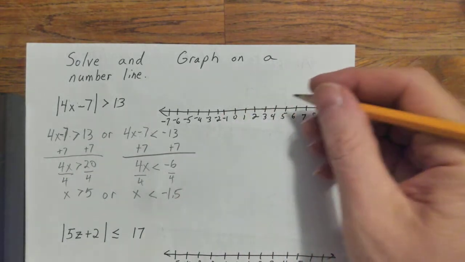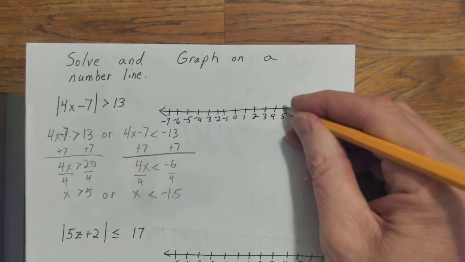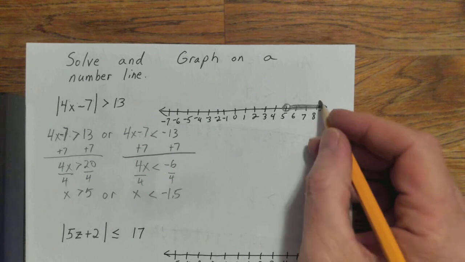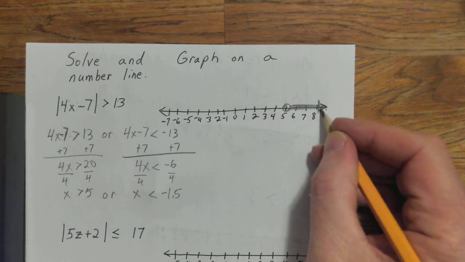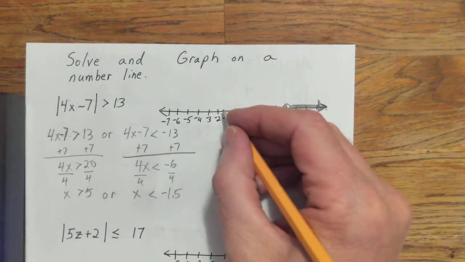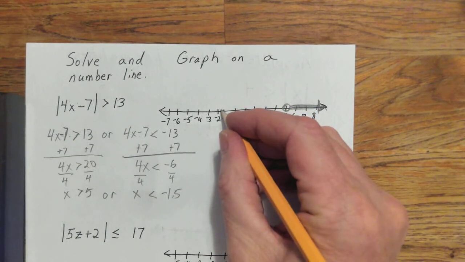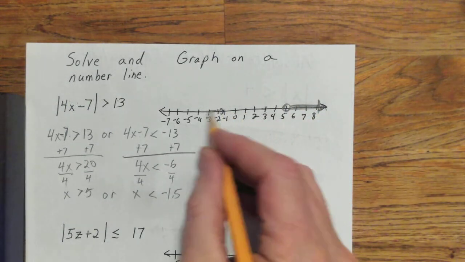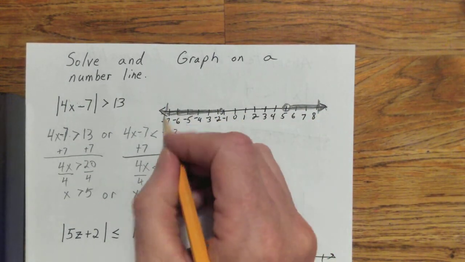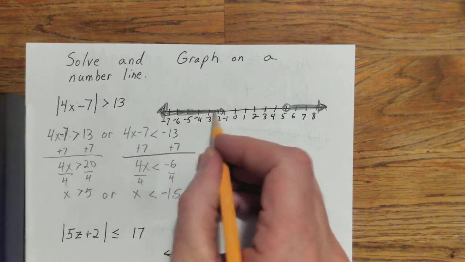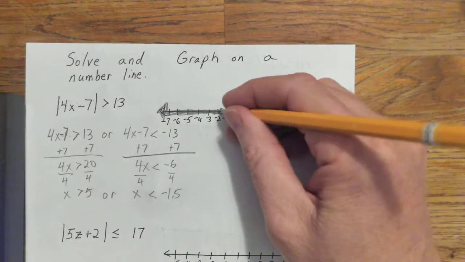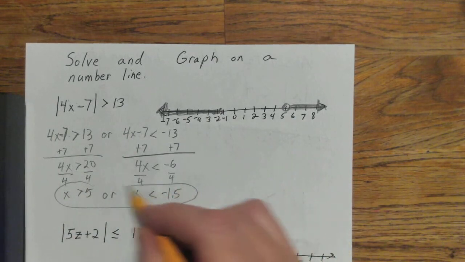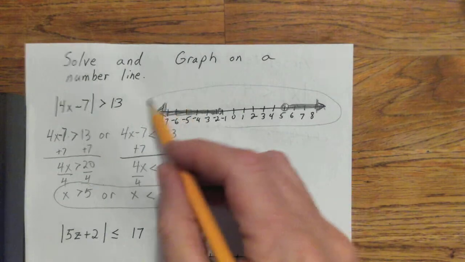X is greater than 5, this way, or x is less than negative 1.5. I'm going to put an open circle right between those two and go this direction. Okay, and that's an open circle there. So there's my solution. Here's my inequality description. Here's my description of the solution on a number line.